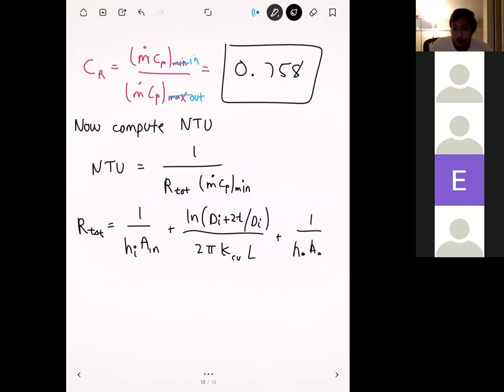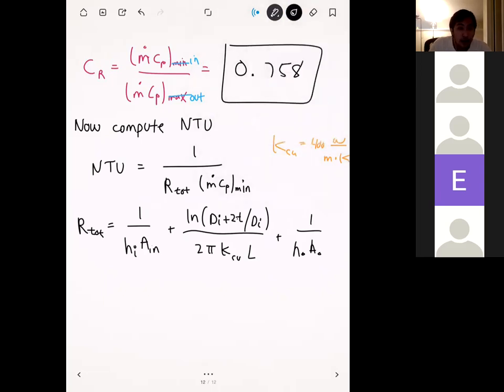Okay. And so the way that we're going to compute this is that we have everything here. I think I forgot to give you K copper. So the thermal conductivity of copper in this case is 400 watts per meter K. Okay.